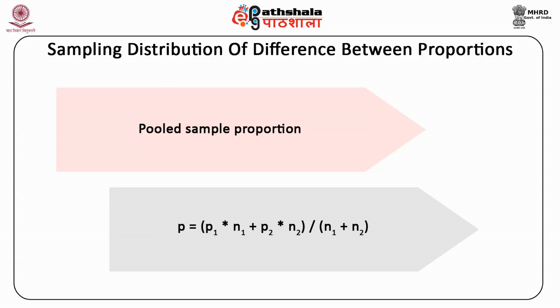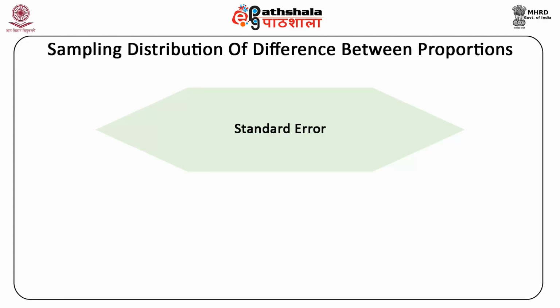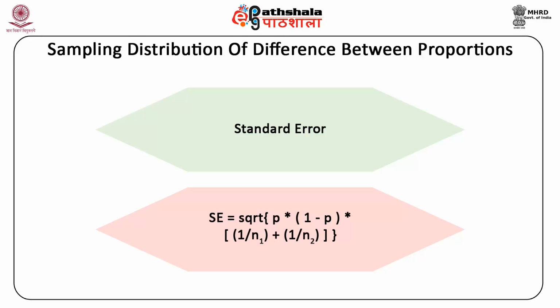P is equal to (P1 into N1 plus P2 into N2) divided by (N1 plus N2), where P1 is the sample proportion from population 1, P2 is the sample proportion from population 2, N1 is the size of sample 1, and N2 is the size of sample 2.